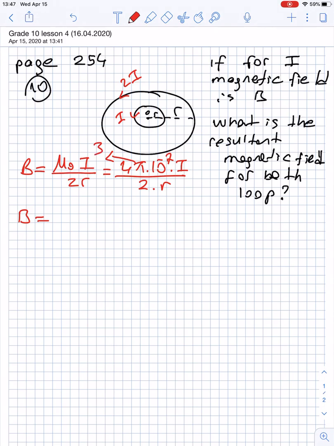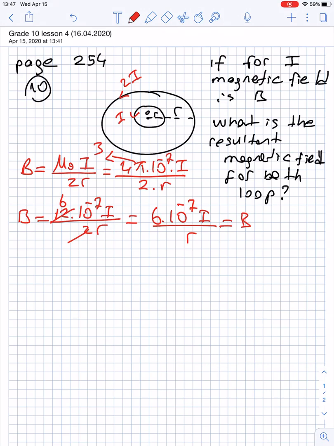When I put in 3 for pi, my result is 12 times 10 to the power minus 7 I over 2R. 2 and 12 simplify and just 6 stays, so the result is 6 times 10 to the power minus 7 I over R, and this result is B.